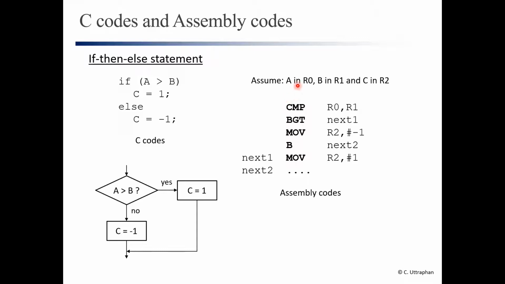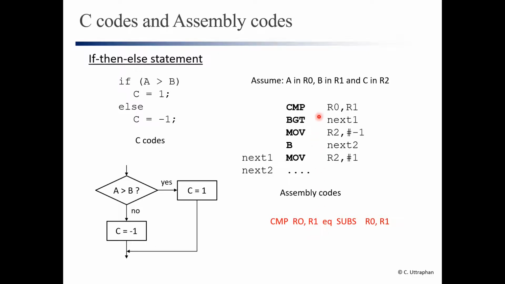Let's assume A is in R0, B is in R1, and R2 is used to store C. The CMP instruction is the compare instruction, where it is equivalent to the SUBS instruction. However, the compare instruction will not affect the content of the register, but will set the condition flags depending on the subtraction result.